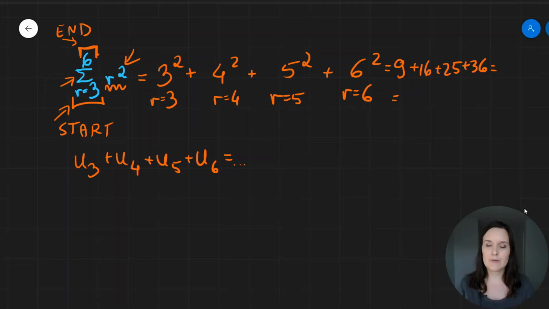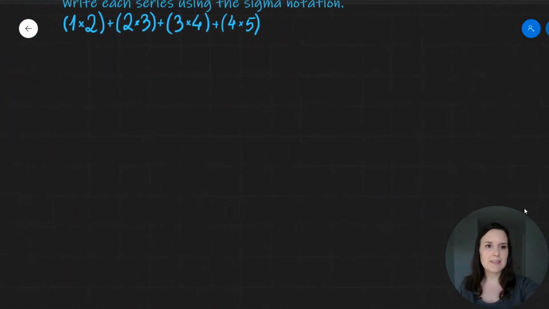So altogether we have 86. That's the answer. So basically we substitute the first one, which is 3, for r, then go until you reach 6, which was the last one. Let's take a look at the next example.